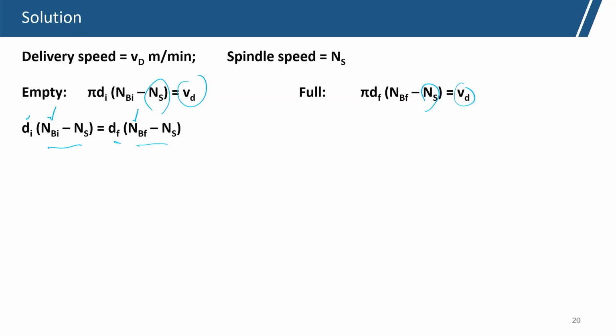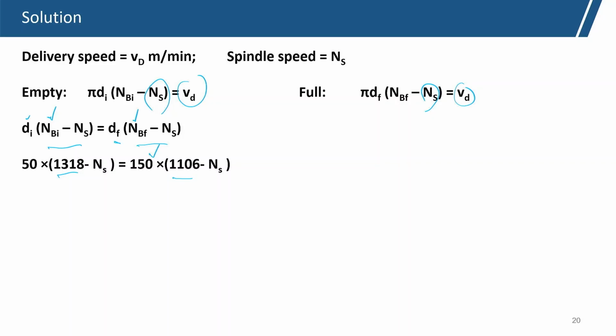So, except n s spindle speed, all the data are given in the question. So, let us put all this data, 50 millimeter diameter and 1318 RPM initial RPM, and 150 is the final diameter and 1106 is the bobbin speed at the end, at that diameter 150 millimeter.